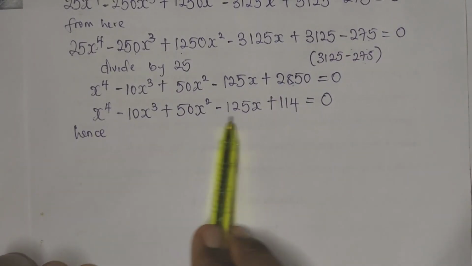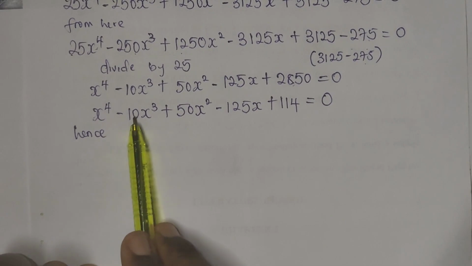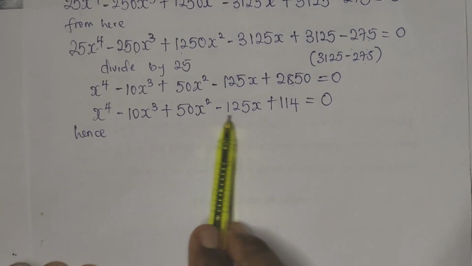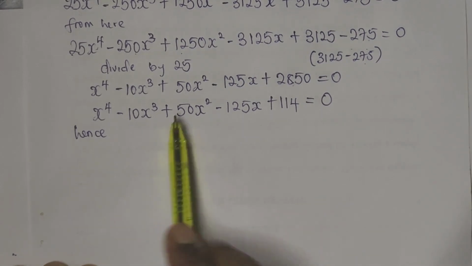Hence, from this equation here, we will be splitting each of these numbers into 2 in order to make this equation factorizable.